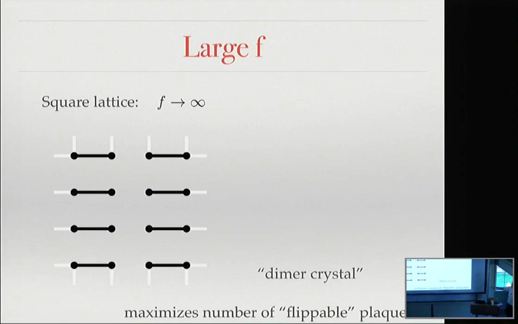The reason these are favored is those plaquette flip terms. This is the kind of state that has the most allowed plaquette flips, where all of these are flippable plaquettes. If, for instance, I had a staggered arrangement, a bond here and a bond here, I wouldn't be able to flip this plaquette, and so I'd get less kinetic energy from those terms. And this is known from the Rokhsar-Kivelson model.